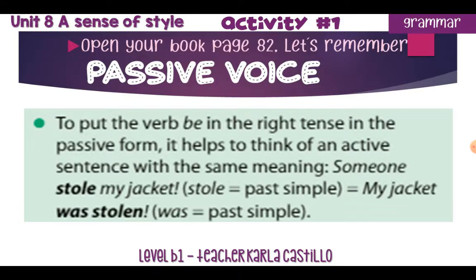So you need to focus on the verb to be in the correct tense, okay? Because you need to identify the correct tense in the active sentence, so you can use the verb to be in the correct form in the passive sentence that you have there.